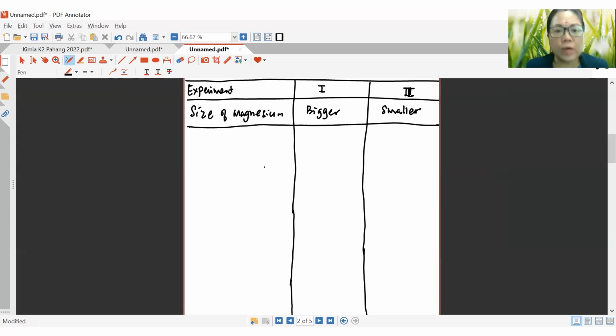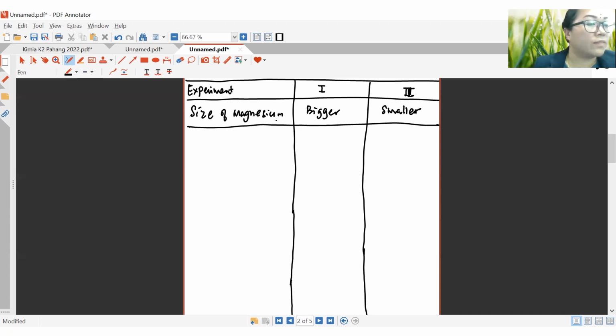So what can you actually explain from the size of particle? How do you explain that the rate of reaction has a difference there, when it comes to experiment 1 and 2, when it involves the size of a particle?